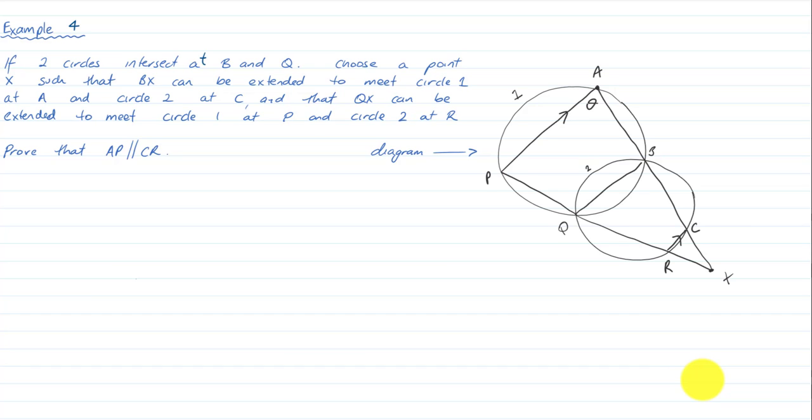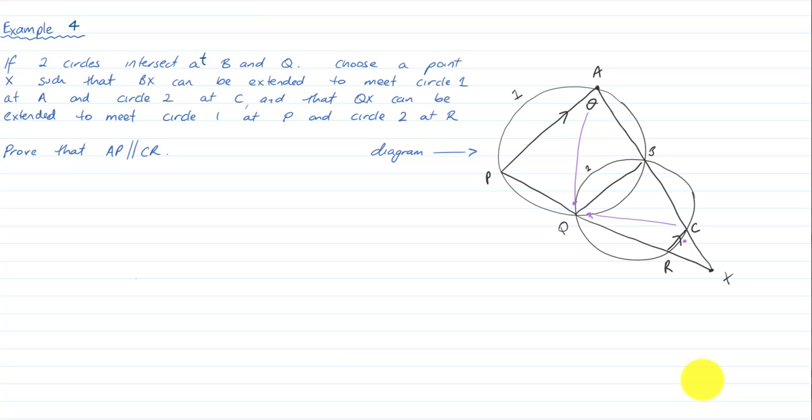Now in planning, I can see that I can move that theta to here using cyclic quadrilaterals. Then I can move it to here using angles on a straight line. Then I can move it to here using cyclic quadrilaterals, and then I can move it to here using angles on a straight line. And I'm hoping that these two angles will be corresponding, i.e. equal, and therefore AP must be parallel to CR. So that's the converse of our earlier angle theorems. So let's have a look.